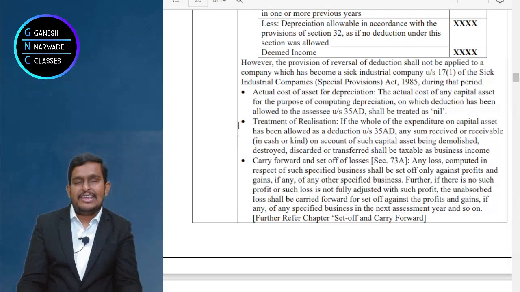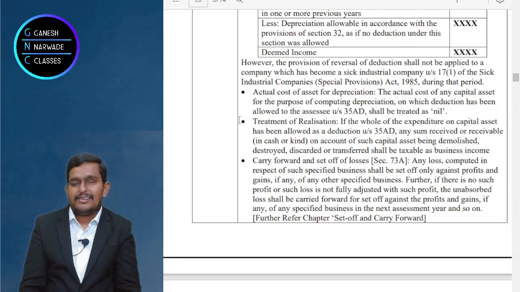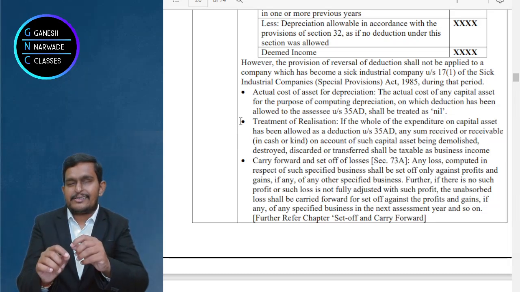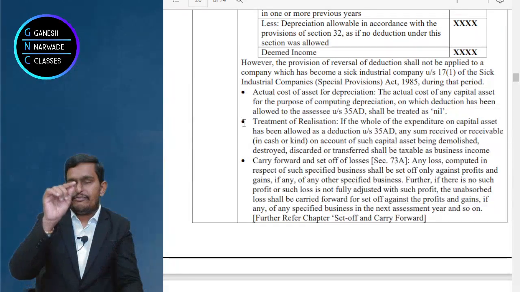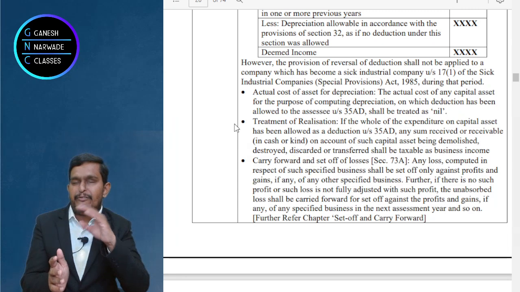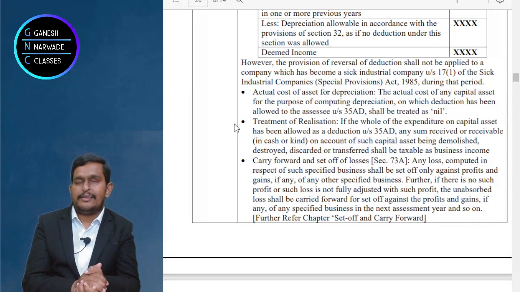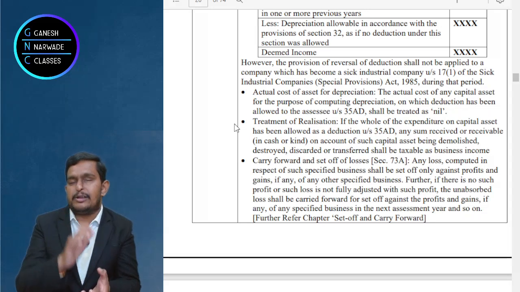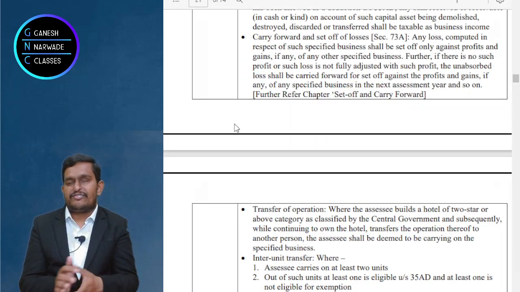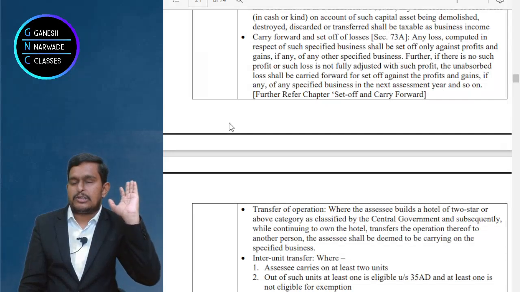Now, when I say it is specified business income, please remember one thing. Whether the specified business started after the dates which I gave you in the notes, or it may have started before that. For example, petroleum and crude oil: it started on 1st April 2007. But suppose Reliance Petroleum started many years back, maybe in 2000 or before that.